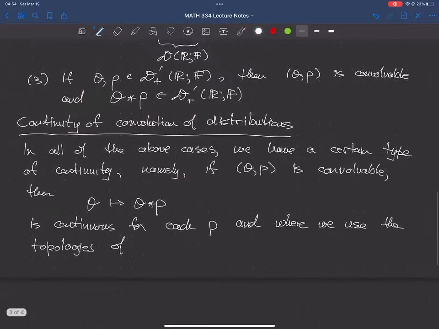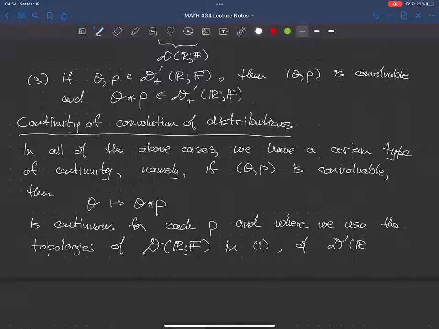Okay, topology of D in 1, okay, of D prime in 2 and of D prime plus in 3.